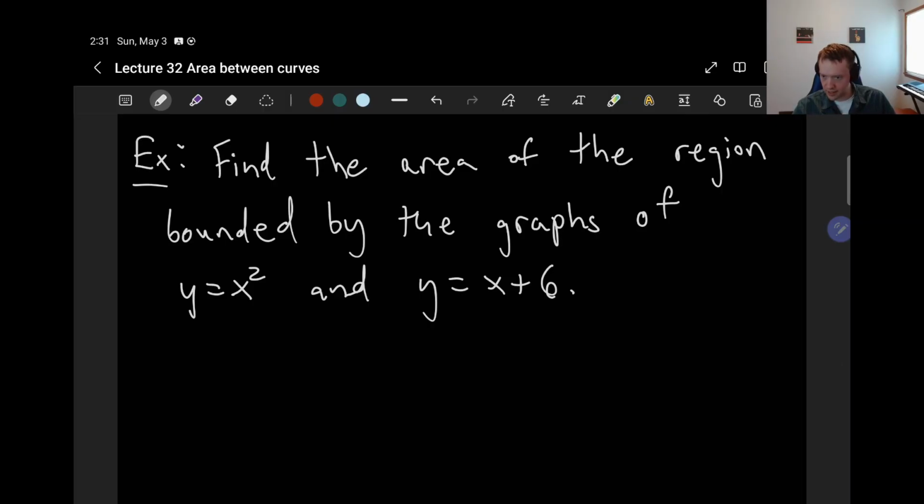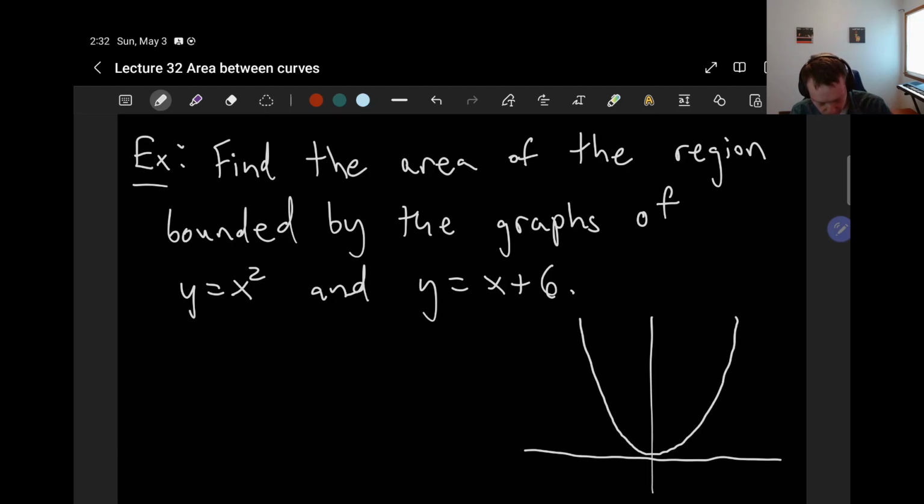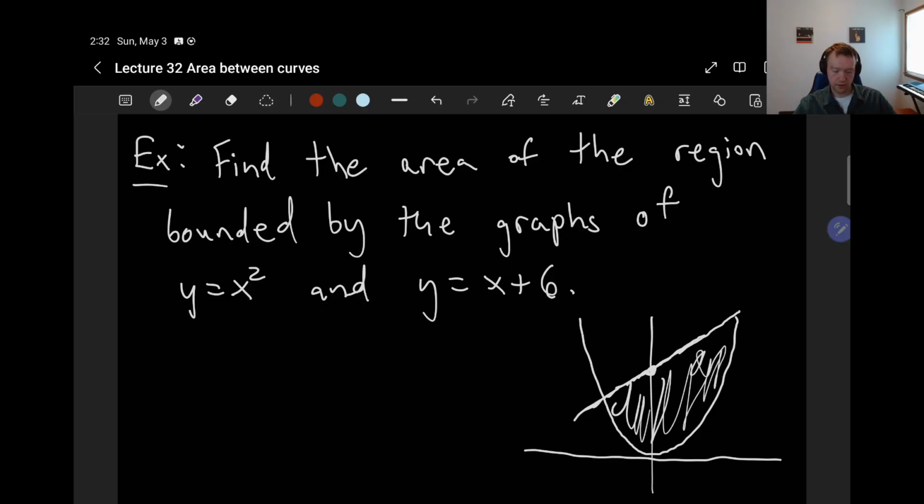Well, let's get a sense of what's going on based on the graph. Just a rough sketch here. So we've got a standard parabola, y equals x squared. And then I've got a line of slope 1 and a y-intercept of 6. Let's say that's up here. This gives us a rough sense of what it looks like. Talking about this area.